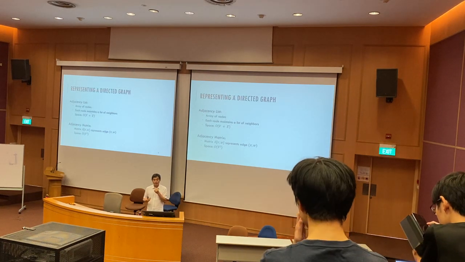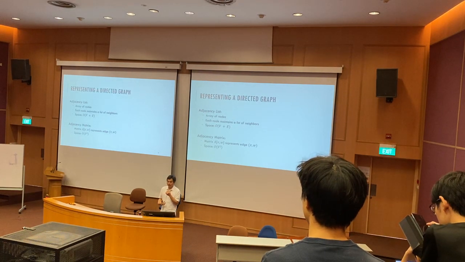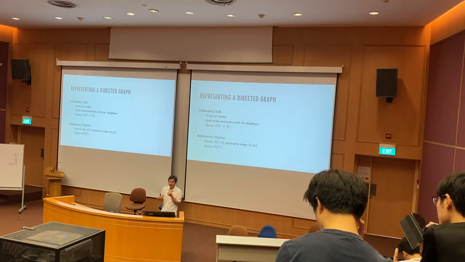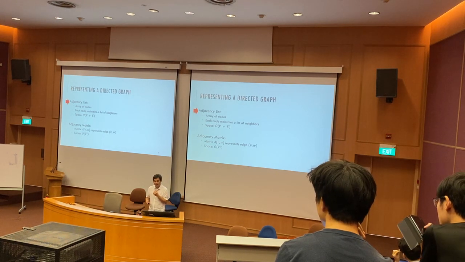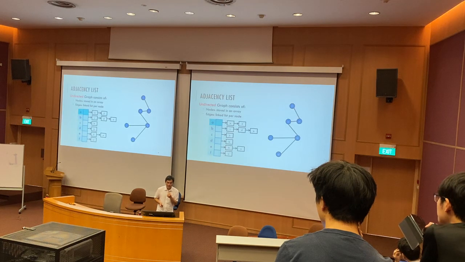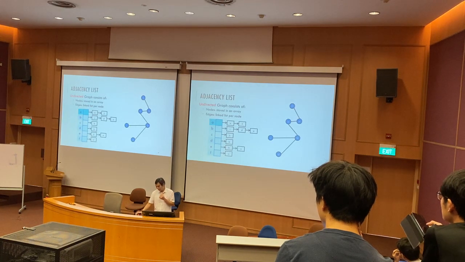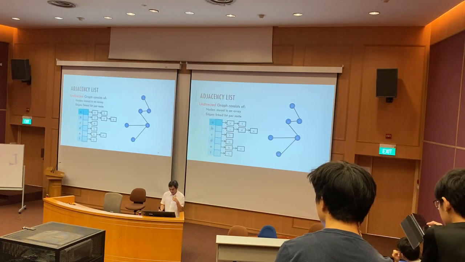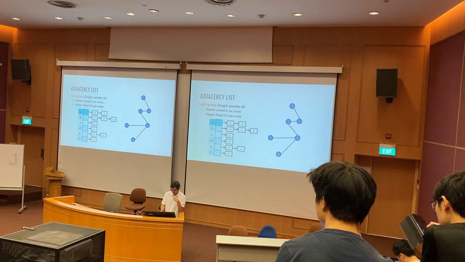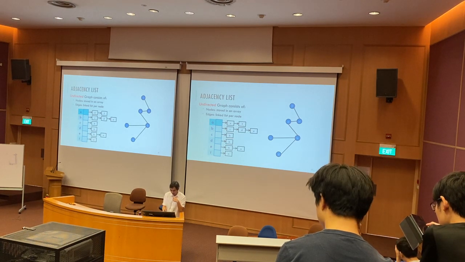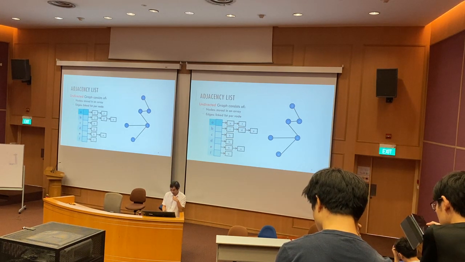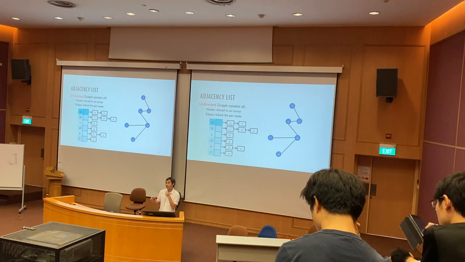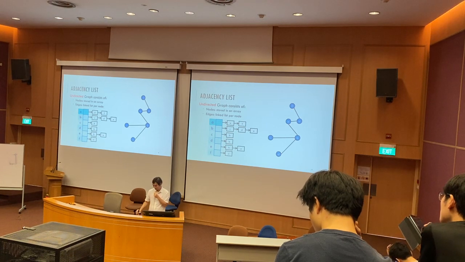Again, we can represent a directed graph in a computer, either as an adjacency list or an adjacency matrix. It's very similar to the cases we talked about before, but there are a few differences. In an undirected graph, node A has E in its list because this node is connected here, and E also has A in its list because the edge is undirected, so you can flow both ways.